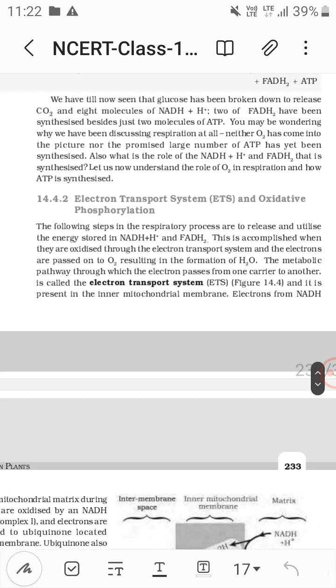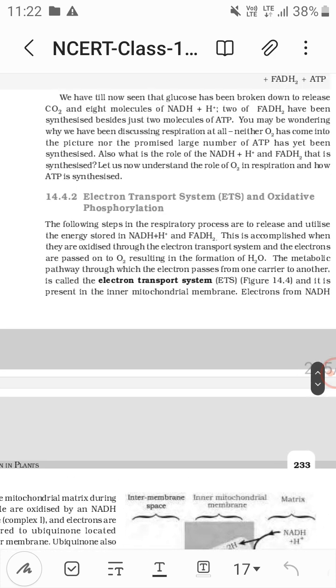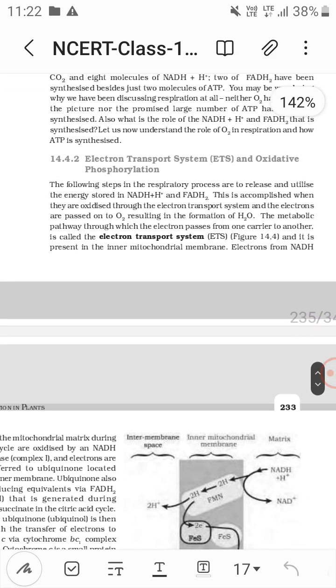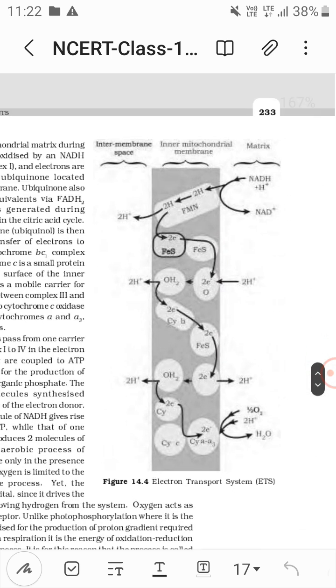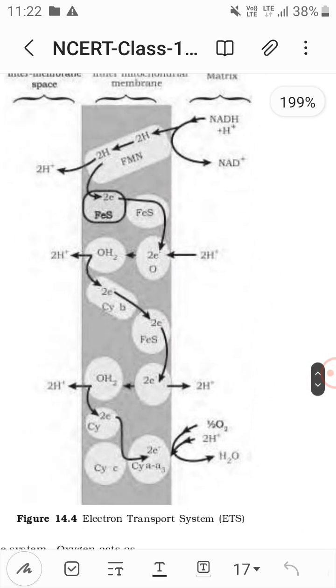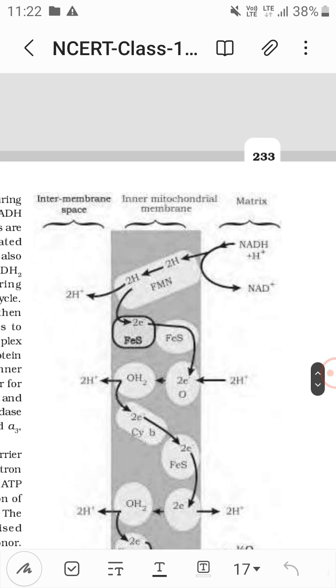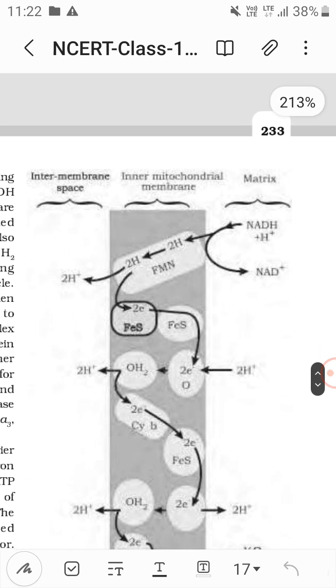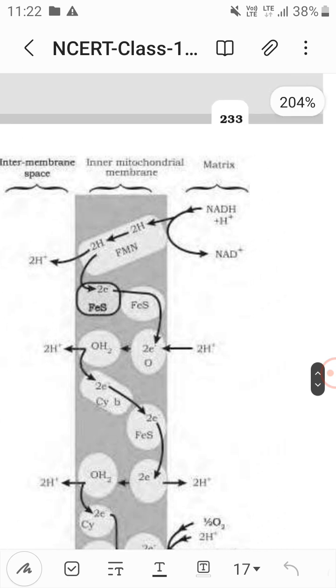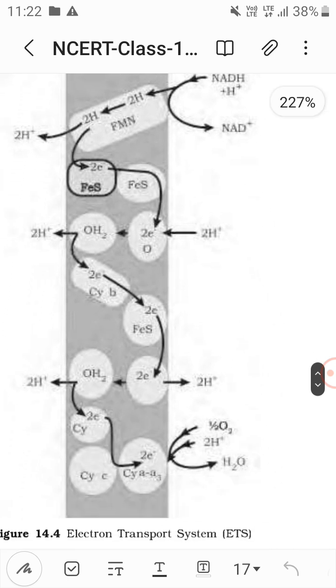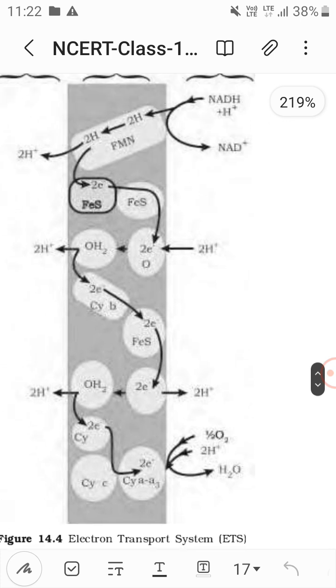Electron transport system, ETS, and oxidative phosphorylation. Okay, so this is the diagram. Electron transport system, that is ETS. The intermembrane space is between the outer and inner membranes, then the inner mitochondrial membrane where ETS takes place, and the matrix where H2O is formed.